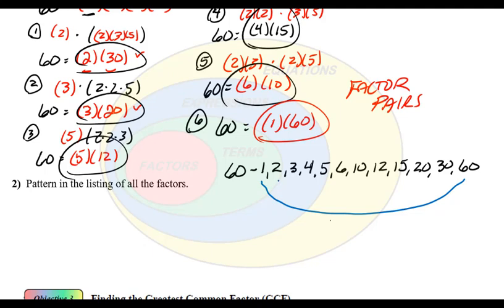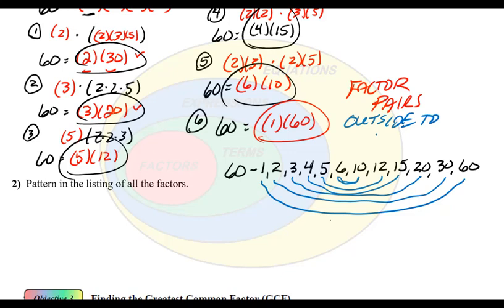If I look at the next two, 2 would be paired with 30, and 2 times 30 is 60. 3 is paired with 20, 4 with 15, 5 with 12, and then 6 with 10. So we end up in the middle here, and every factor pair is paired outside to in. This might be something we use to find a listing of factors.